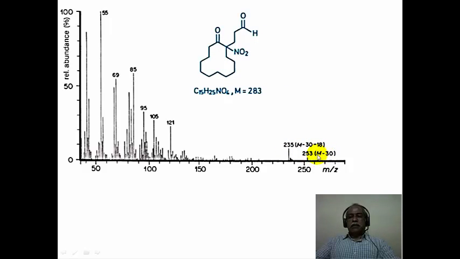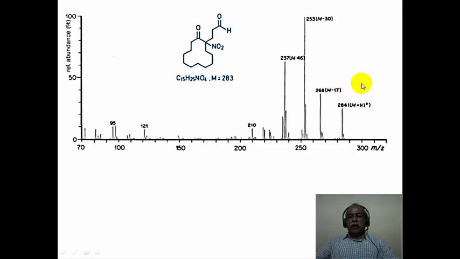What is registered is molecular ion minus 30 mass units, molecular ion minus 48 mass units, which all correspond to the loss of, for example, NO2 group or NO group or HNO2 group. These are the losses that take place during the fragmentation process, and as a result, the molecular ion is not detected in the mass spectrum of this particular compound.